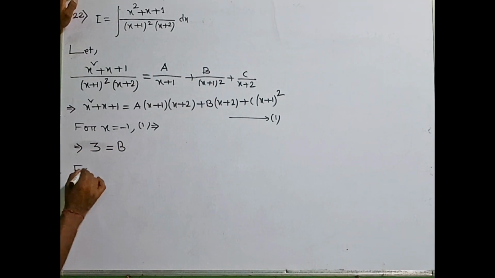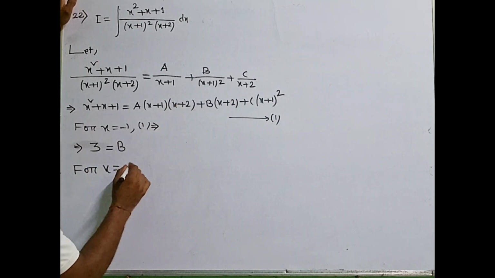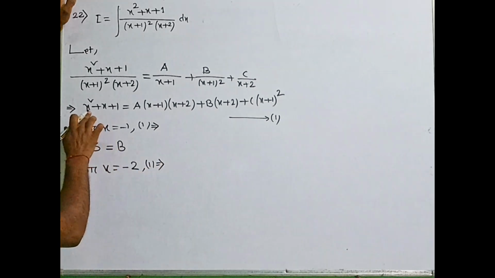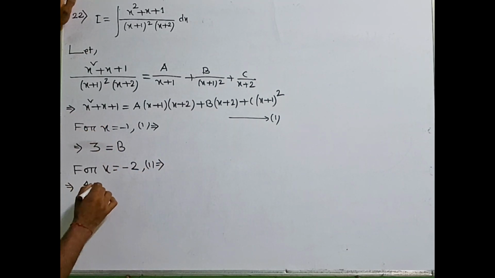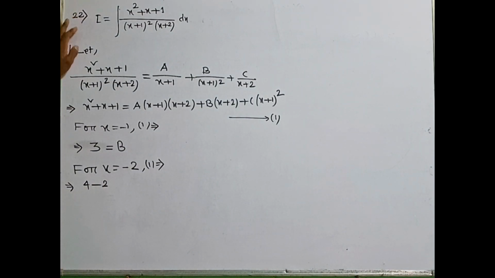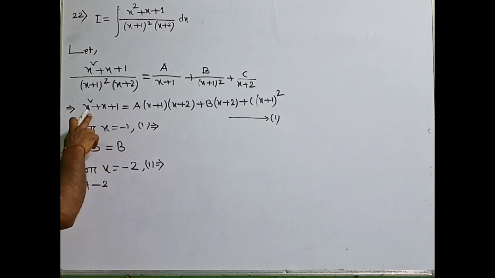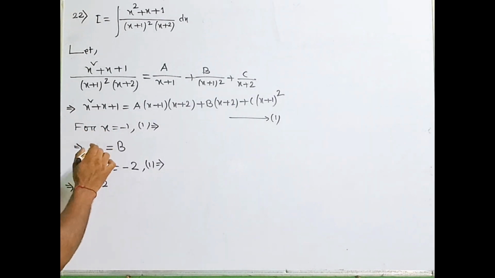Sorry. If we take x = -1, then it is 1 minus 1, 0. It is 1.